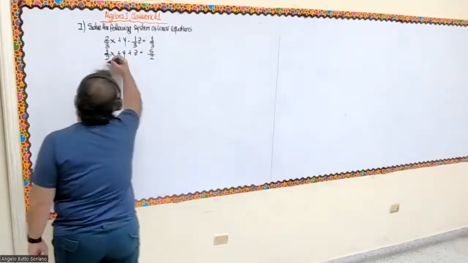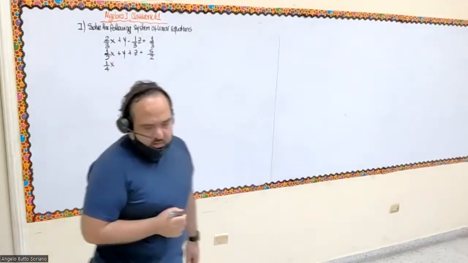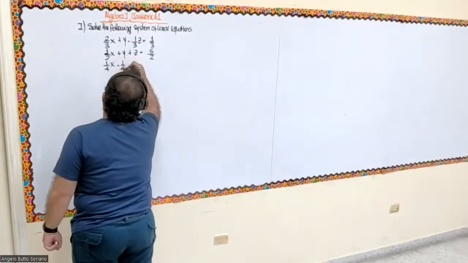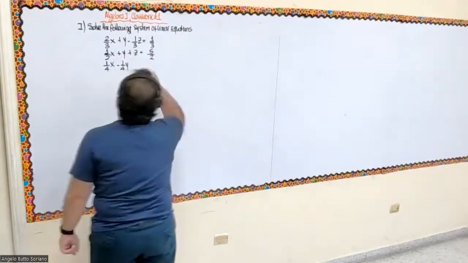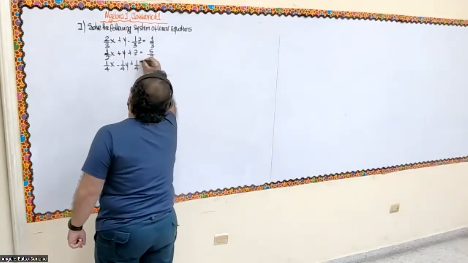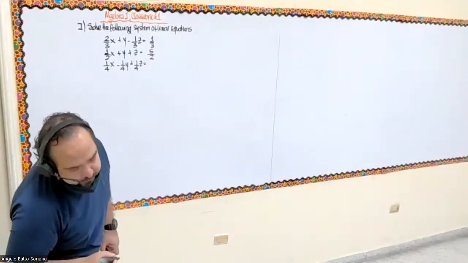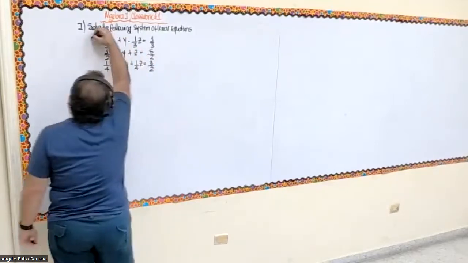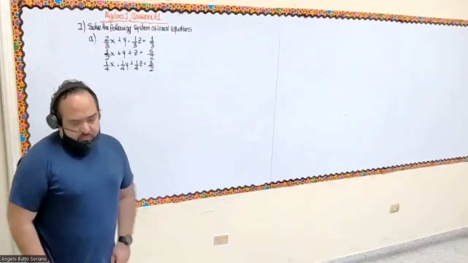The third is 1/4 x minus 1/4 y plus 1/4 z equals 3/2. Okay, this is going to be the first system of linear equations in 3 variables.